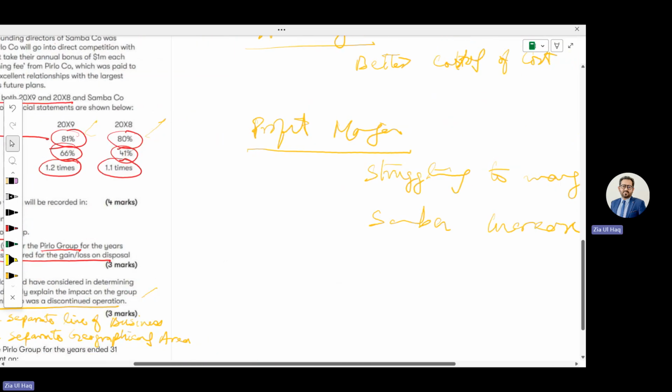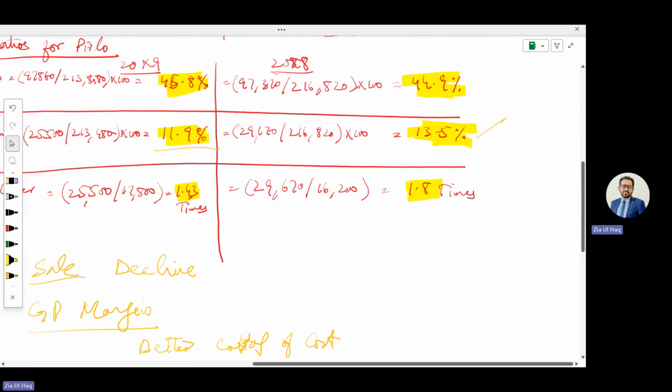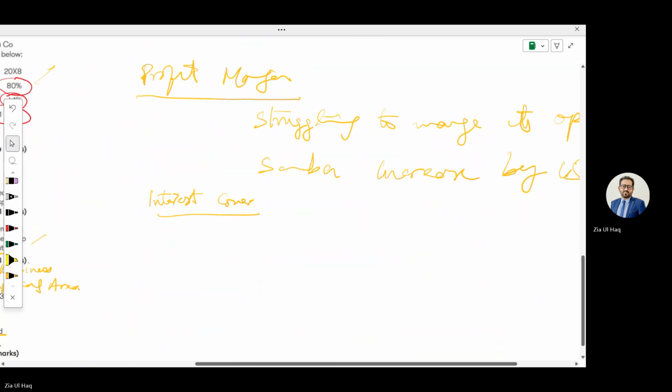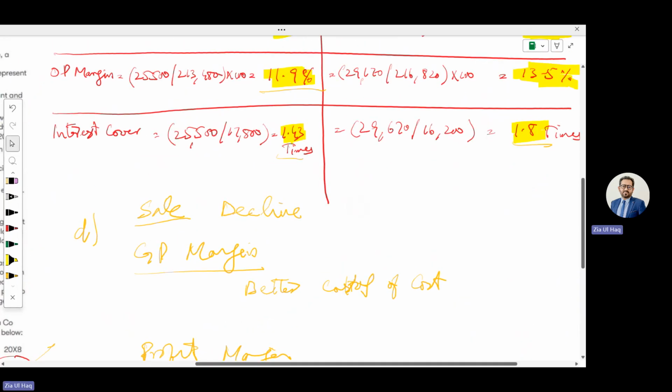And then we will discuss interest cover. If we see the overall performance of the company, interest cover has reduced from 1.8 to 1.43. What's the reason for the reduction in interest cover?